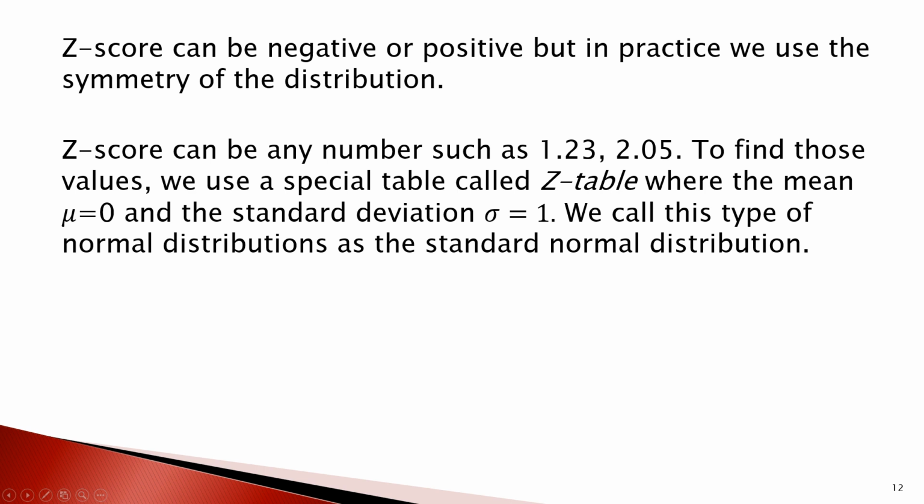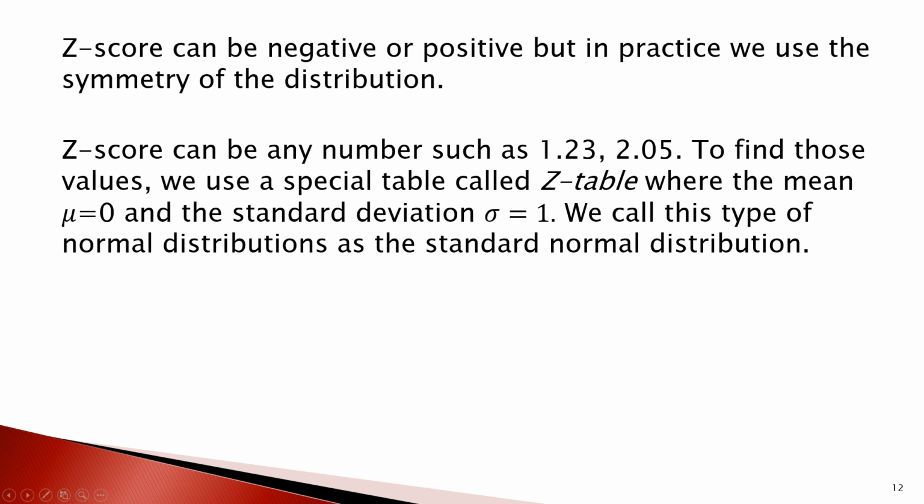Okay, so how do we find all these values when we are given a z-score or when we are given any kind of raw score? How do we compute the z-score? Okay, so we have a special table called the Z-table. Okay, and in the Z-table, guys, the mean, it's a convention, mean is 0, standard deviation is 1.